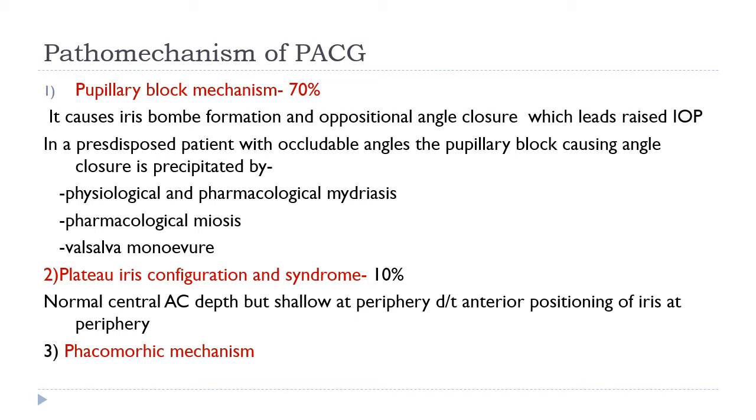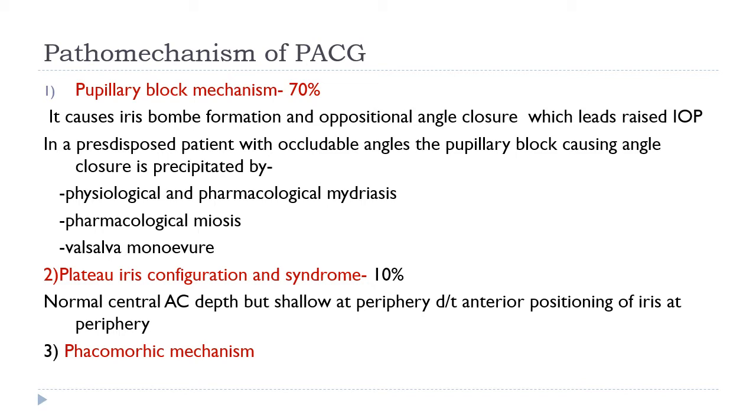Another one is plateau iris configuration syndrome, where the central depth of the AC is normal, but it is shallow at the periphery because the iris is anteriorly positioned compared to normal conditions. That's why there is a high possibility of angle closure in such patients.